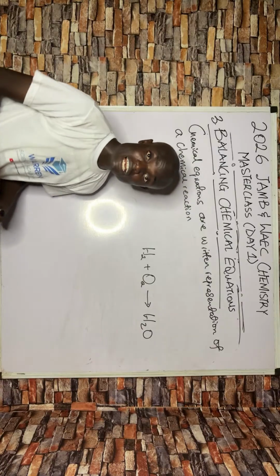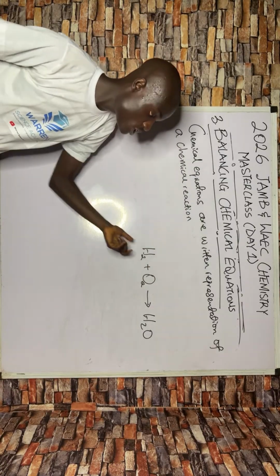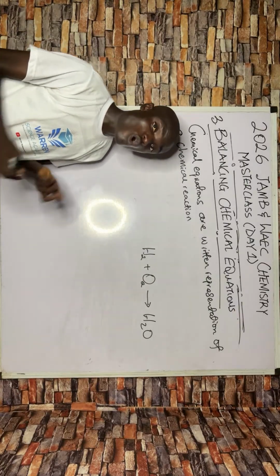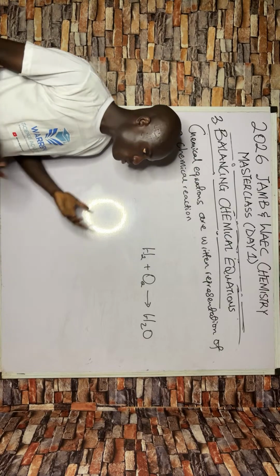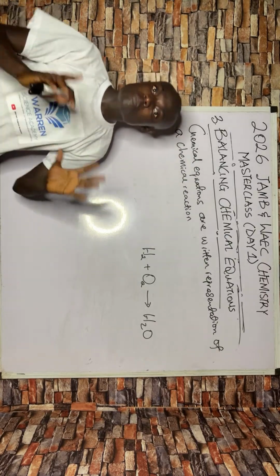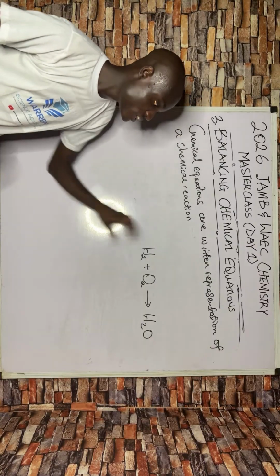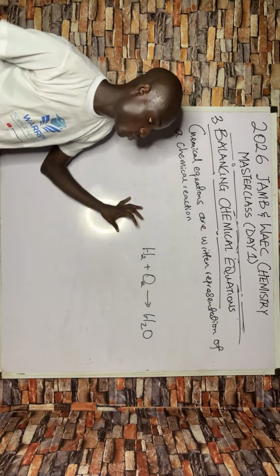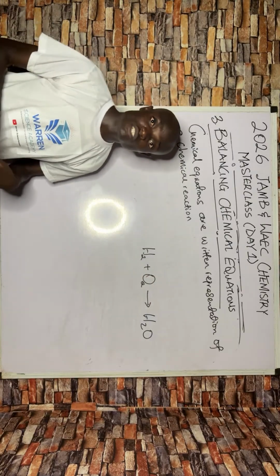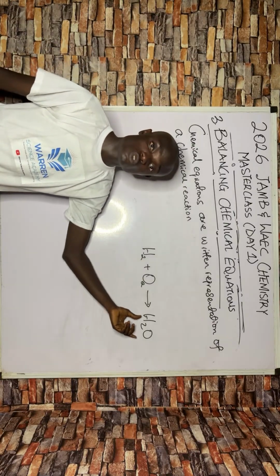So now this reaction is being represented in this written format. A written representation of a chemical reaction is what we call a chemical equation. So the equation tells us so many things, which we are going to look at in the course of this video. This reaction tells us that when hydrogen reacts with oxygen, I'm going to get water.